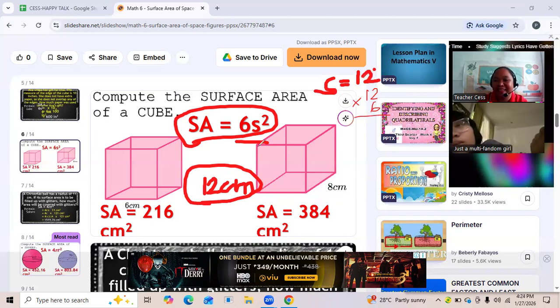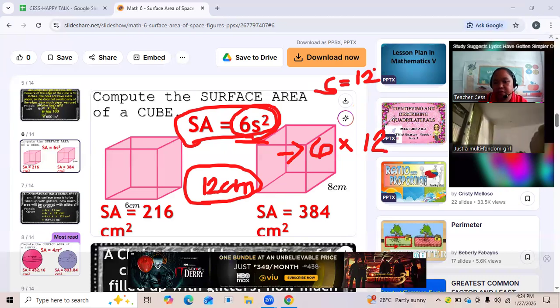Our formula is 6s squared. So it means if you're going to change the value of s into 12, it will become 6 times 12 squared.